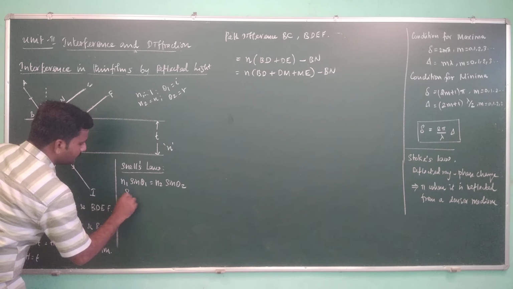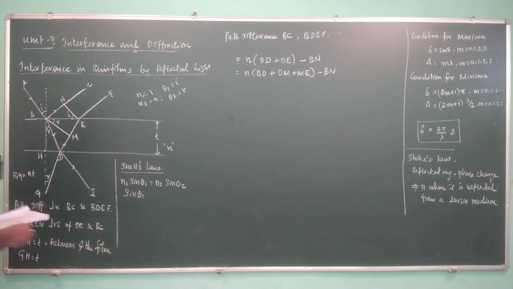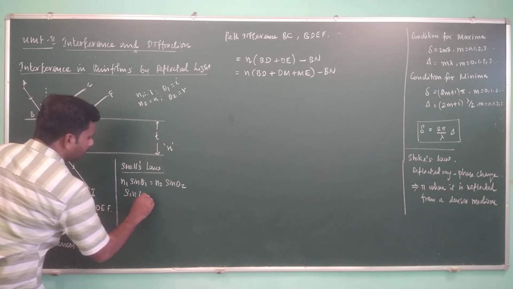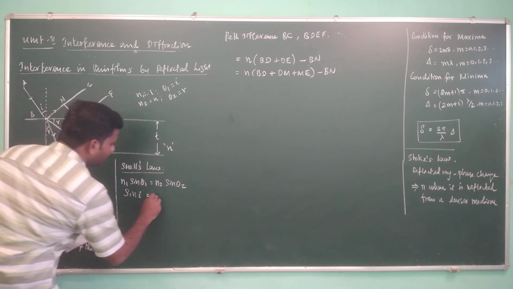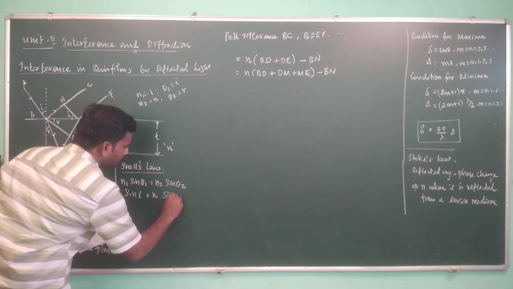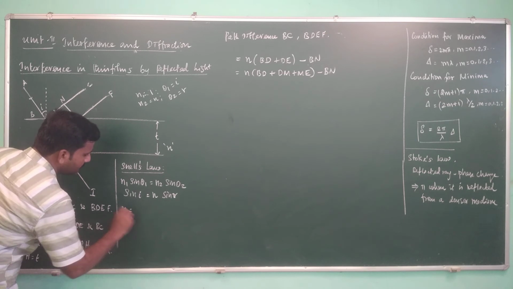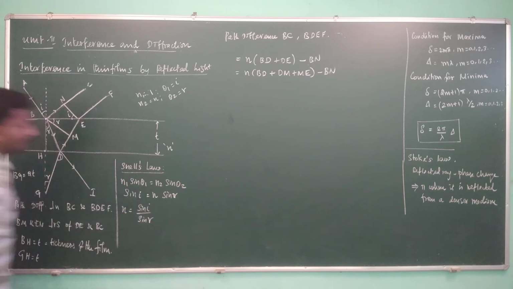So sin i equals n sin r, and you can write n equal to sin i by sin r.